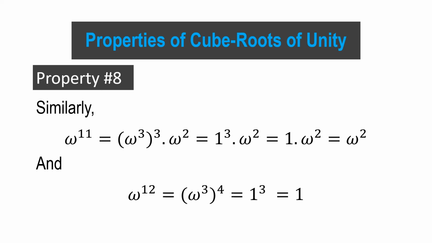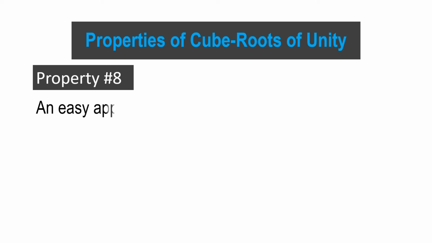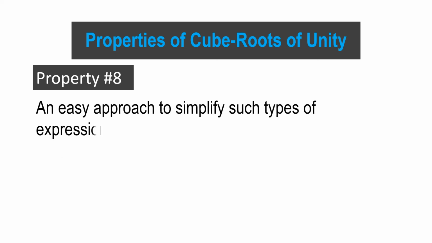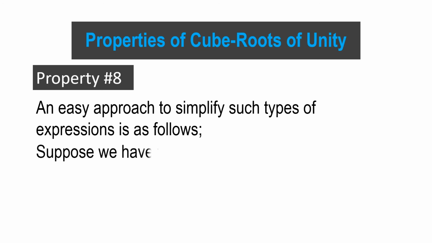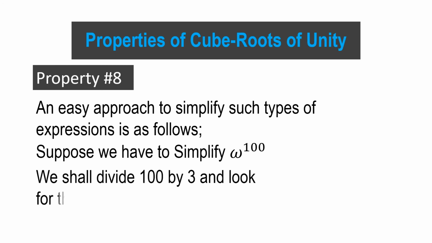Similarly, omega raised to power 11 is equal to omega cubed raised to power 3 times omega squared, and it becomes equal to omega squared in the end. And omega raised to power 12 is equal to omega cubed raised to power 4, which is equal to 1 cubed, and that is equal to 1.